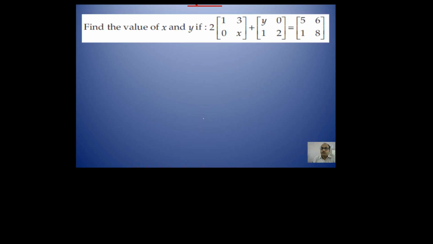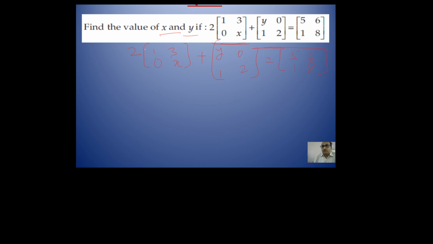Right. Now question number 3 is: find the value of x and y. So this question is from matrices and determinants. Okay. We are given the matrix 2 times [1, 0, 3, x] plus [y, 1, 0, 2] is equal to [5, 1, 6, 8].